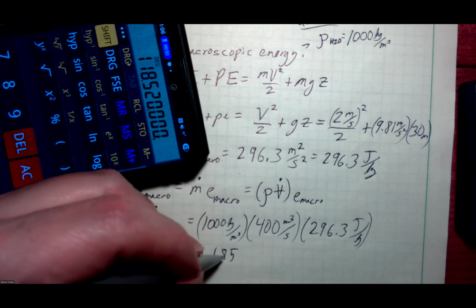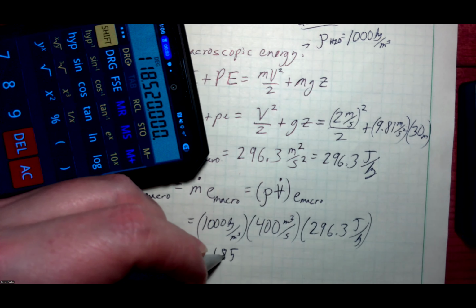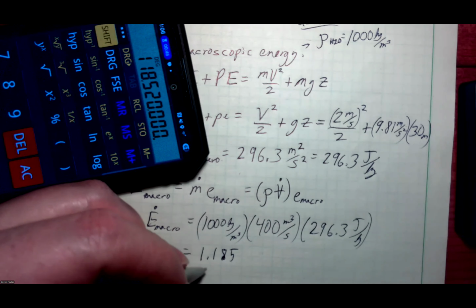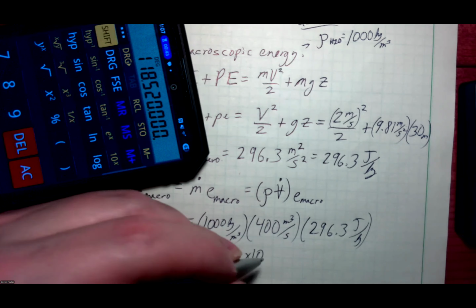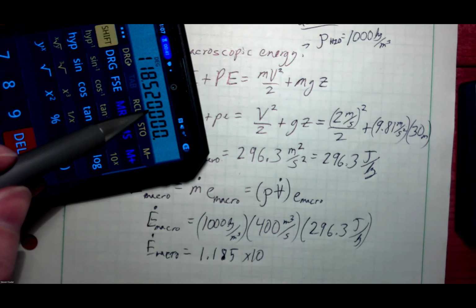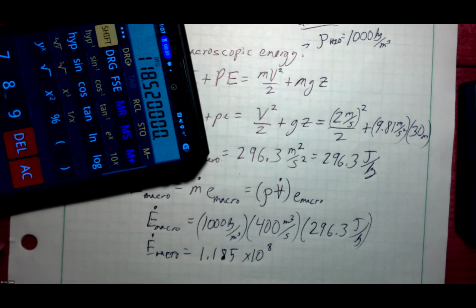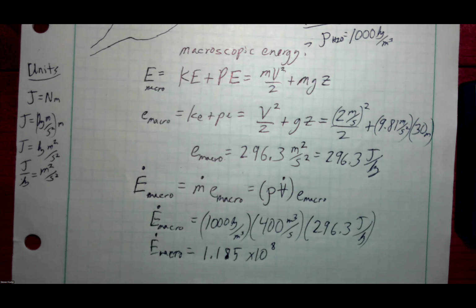We'll say 1.185, that's probably too much. We could say 1.19 just as easily, but I would not say any more than that. And we're going to say times 10 to the 8. It's going to be the number there.